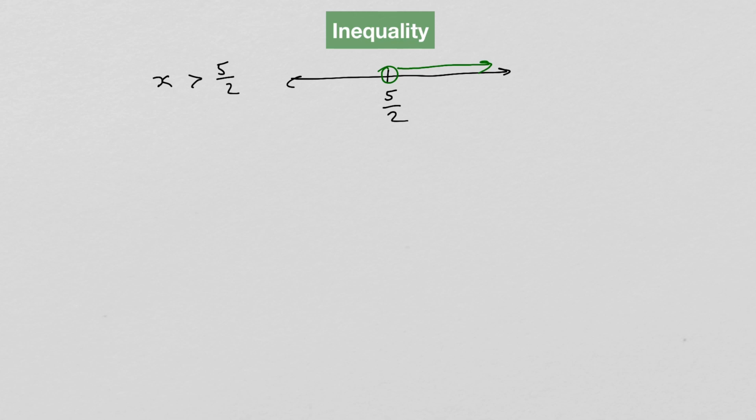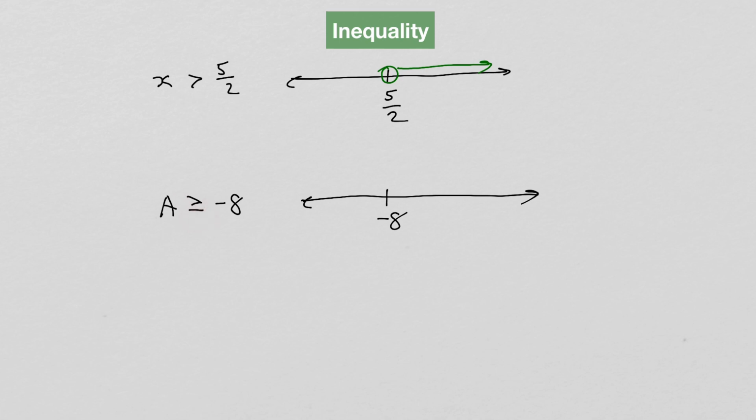And likewise, in the previous problem, we solved the inequality and found that a is greater than or equal to -8. To draw this on the number line, we're going to mark -8. Now the difference here is we have a greater than or equal to.